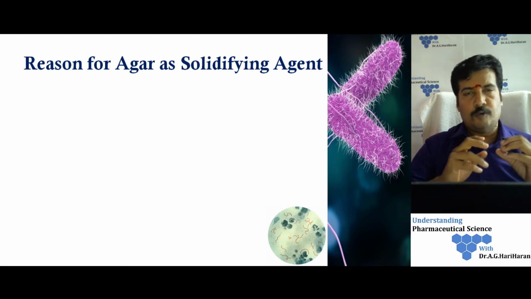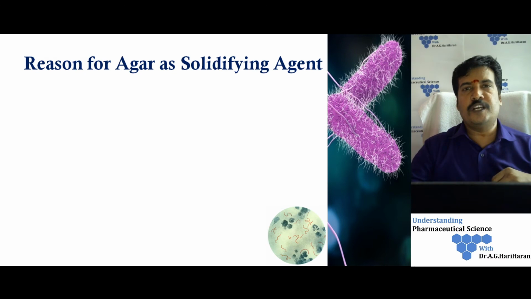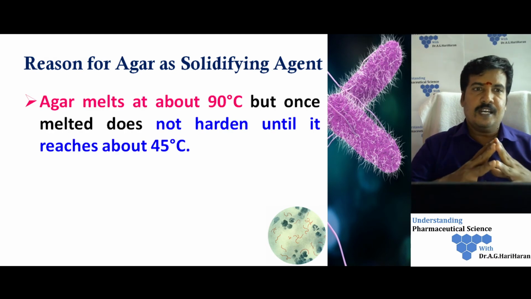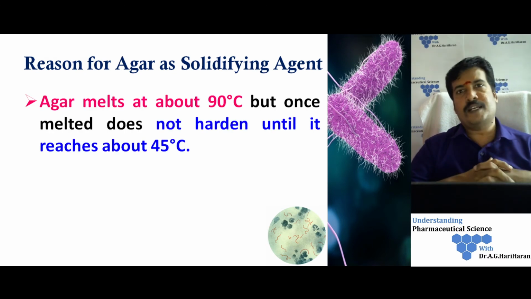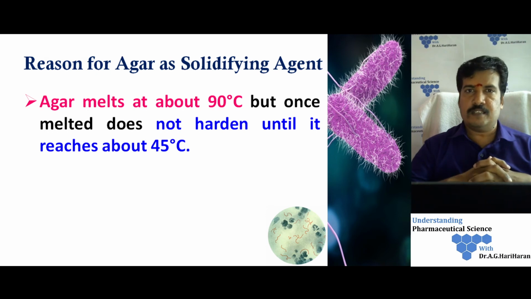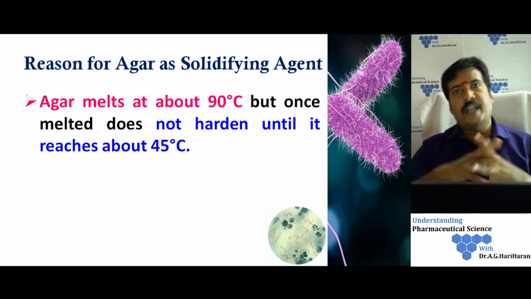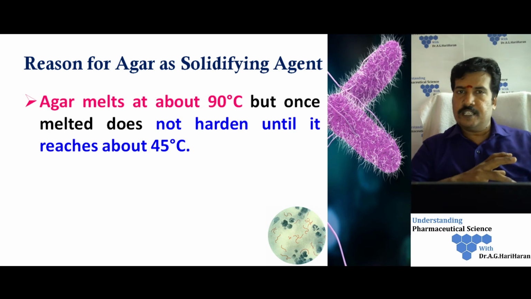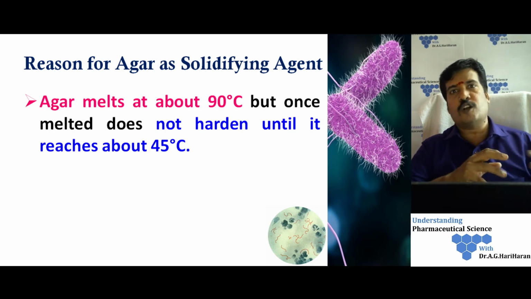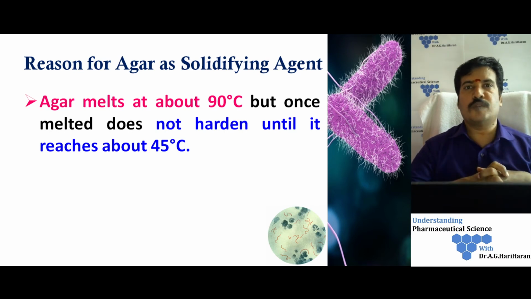One of the major reasons is its solidifying ability. Generally, agar melts at around 90 degrees Celsius. Once we cool it down to 45 degrees Celsius, it is still in liquid state. After that, it starts solidifying as it reaches room temperature.